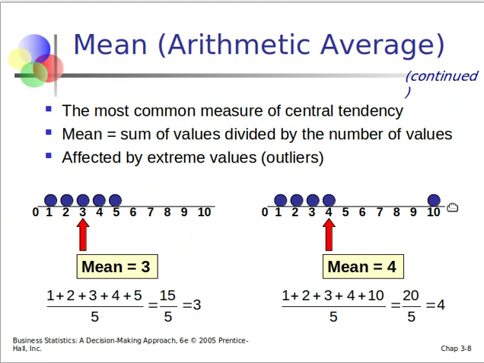If we add them, 1 plus 2 plus 3 plus 4 plus 10, we get 20, and divided by the number of elements, which is 5, we get 4.